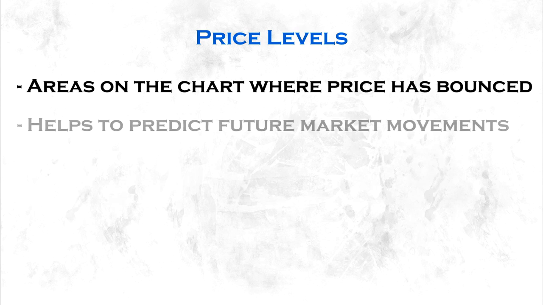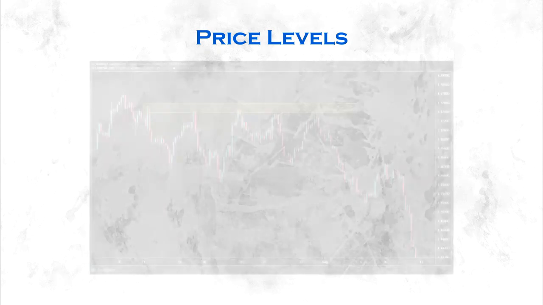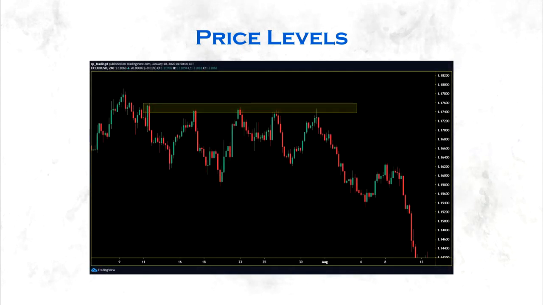With this knowledge, we try to predict the future price movements of the market. I like to highlight these areas with a box or a horizontal line, like in this example. As you can see, whenever price came into that area, it got rejected and bounced several times in a row. Levels like that help us to make a trading decision. We are going to dive deeper into this topic in another lesson.